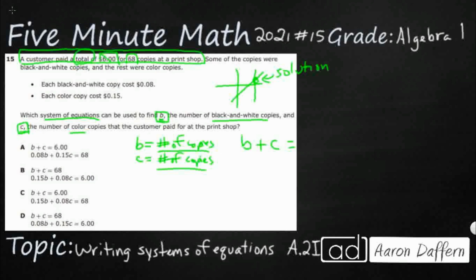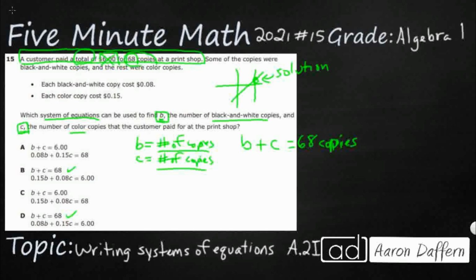So instead of looking at the money right there, for this very first one, the number of black and white copies and color copies equals 68 copies. And it's very easy to turn that into a 6 if we're not really paying attention. Okay? So that lets me know I'm looking at B and C right now.